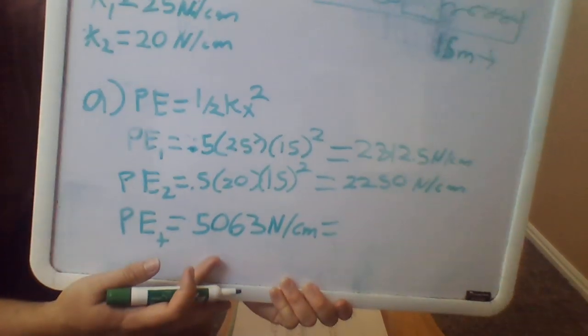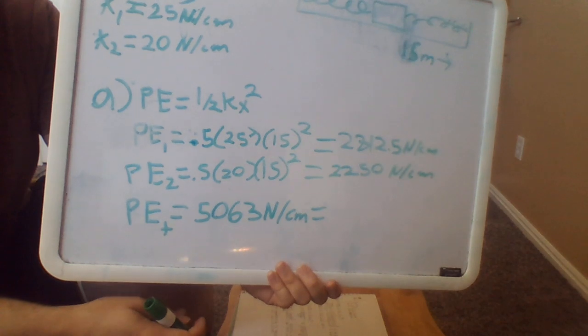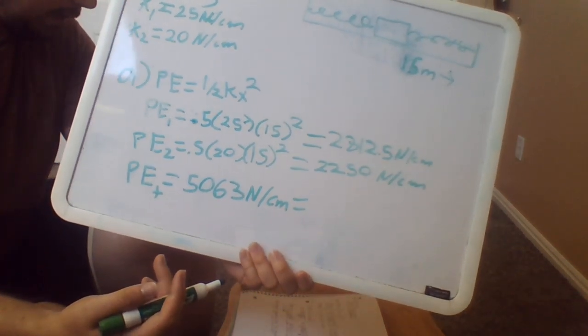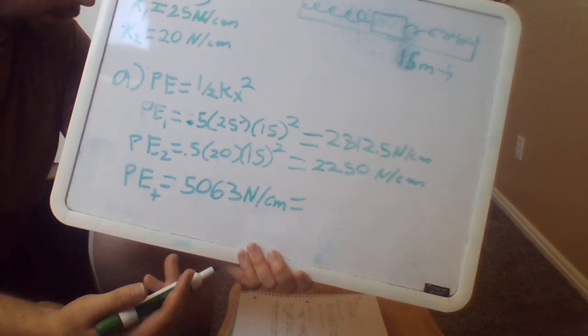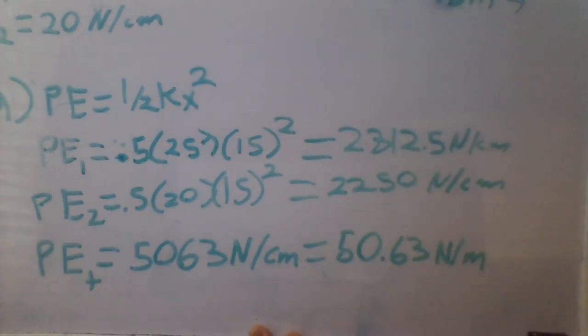It's about 5,063 newtons per centimeter, but we want it to be in meters, so we're going to divide that by 100, sorry, to get 50.63 newtons per meter. Like that.